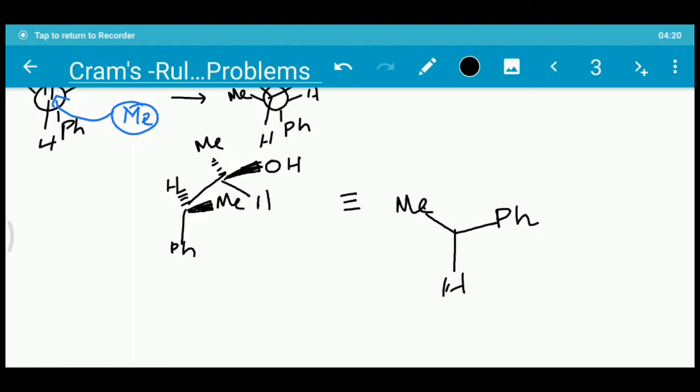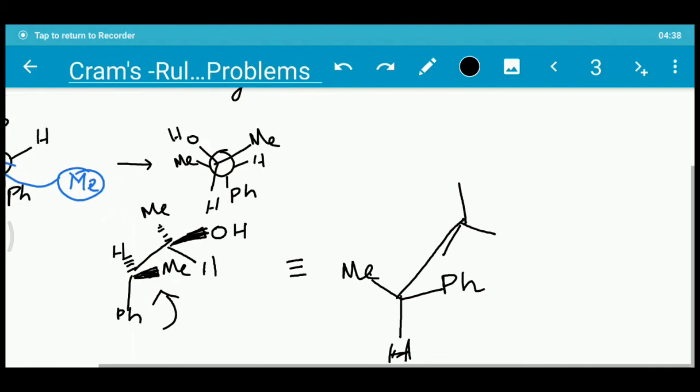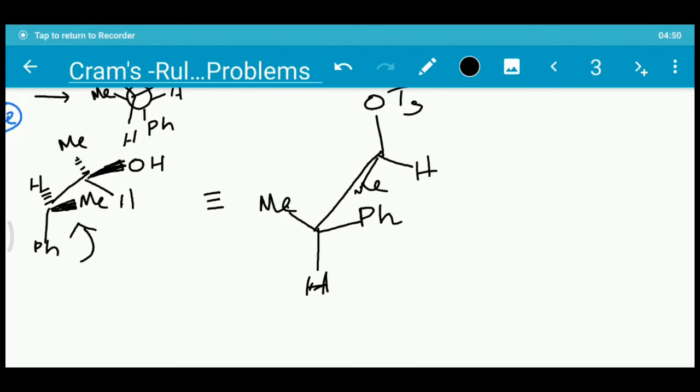So I have my methyl, my phenyl, my hydrogen here. I have just made a rotation here. Then let me have my tosyl group on the top to enable the elimination process. So I have my tosyl here at the top, my methyl here, my hydrogen here.